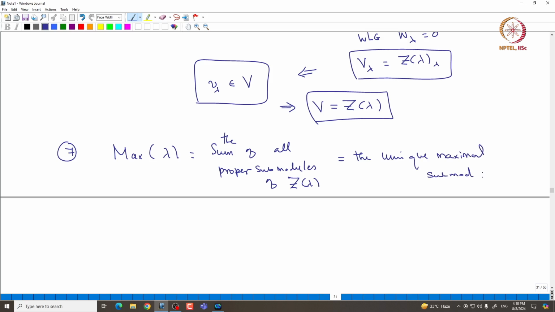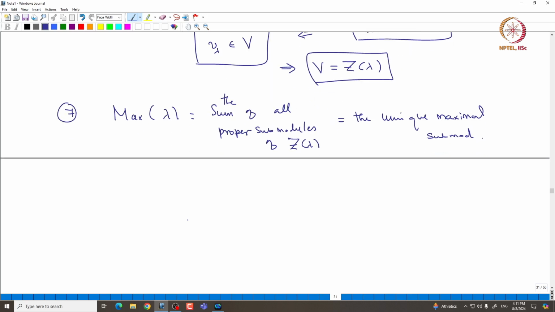Obviously, the sum of all proper submodules is a submodule; that is not a problem. The only thing we need to prove is that it must be proper. If it is not proper, it could be equal to the entire Z(λ), and in that case we would not have any maximal submodule. So we have to prove that this is indeed proper.